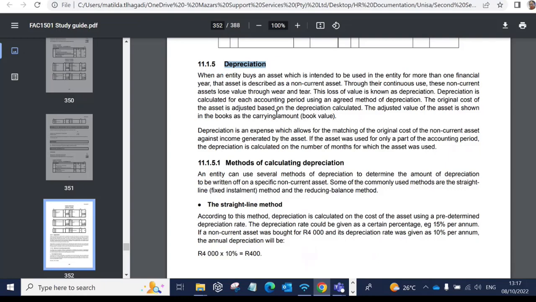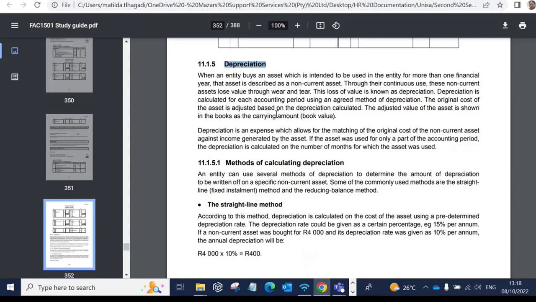The adjusted value of the asset is shown in the books as the carrying amount, meaning cost of the asset minus accumulated depreciation equals your carrying amount.